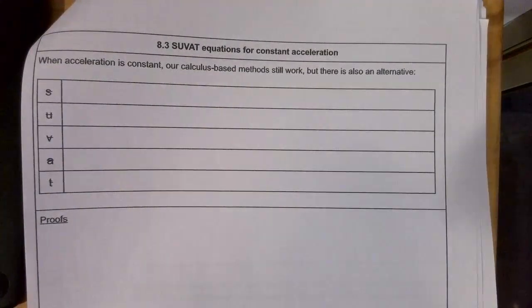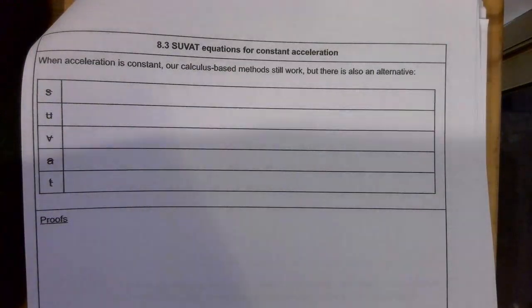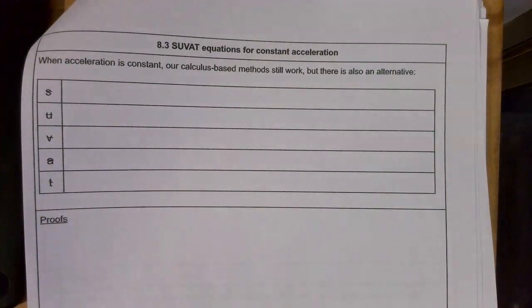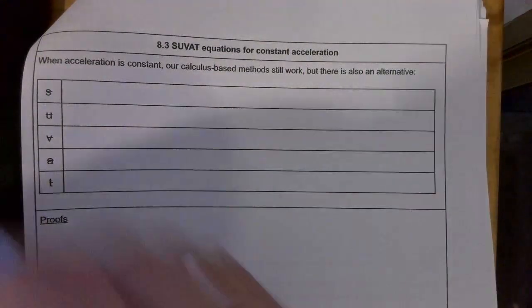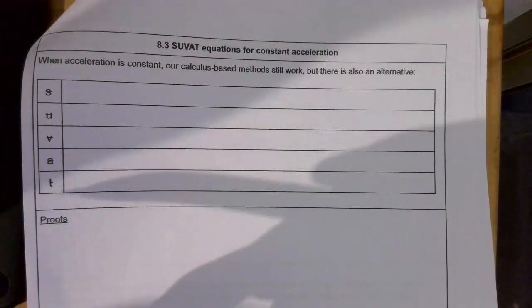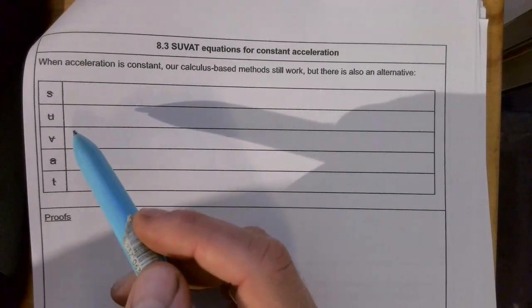So let's look at these equations, figure out how they work, and then look at some quick proofs. It's important to have a sense of how the equations are structured and to try and memorize them. They are on your formula sheet, but the more familiar you are with these, the better.